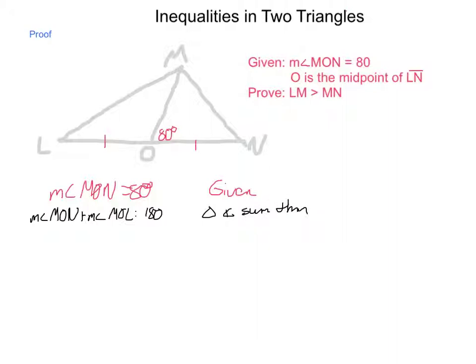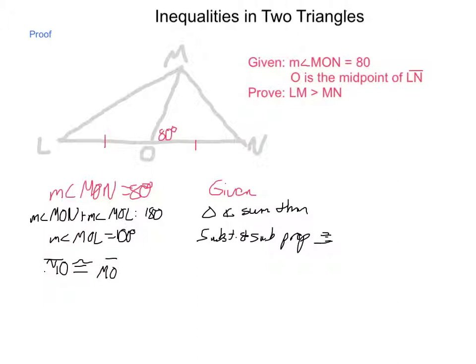From that, we could say that the measure of angle MOL is 100 degrees using substitution and the subtraction property of equality. From here, we can move on to saying that line segment MO is congruent to line segment MO, and that is the reflexive property.